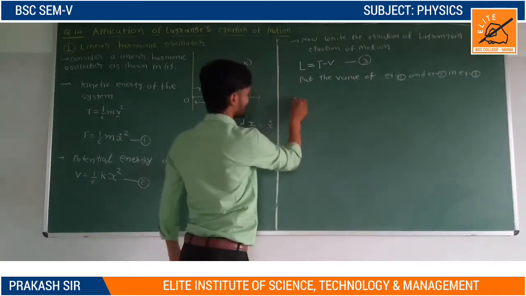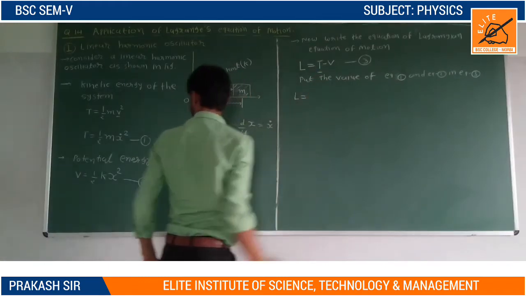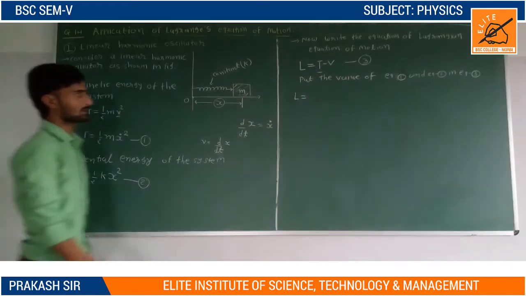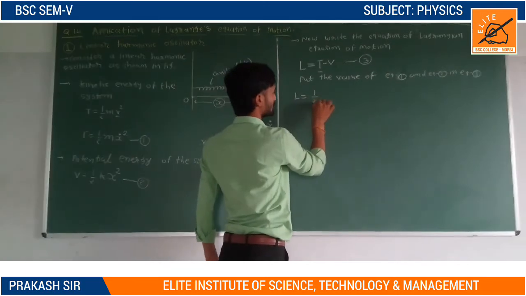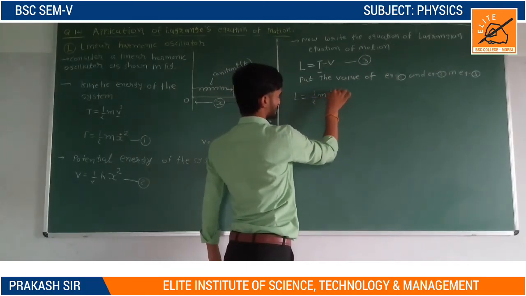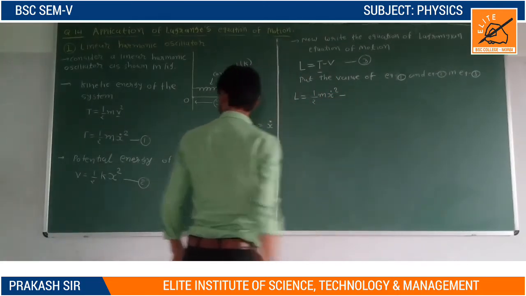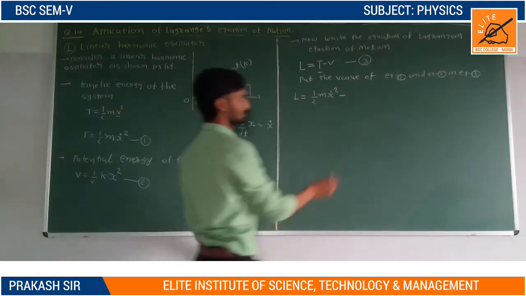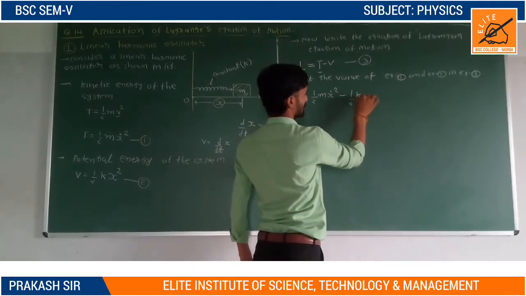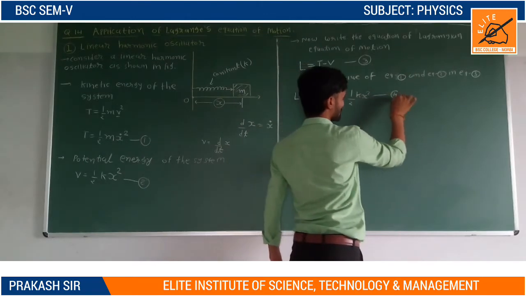So L is T, 1 by 2 m x dot square, minus 1 by 2 kx square, equation number 4.